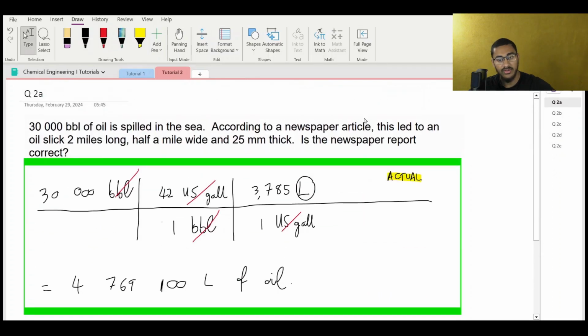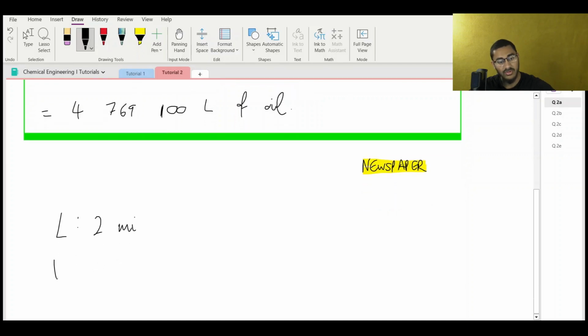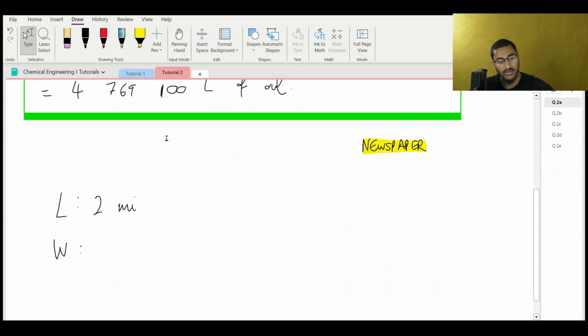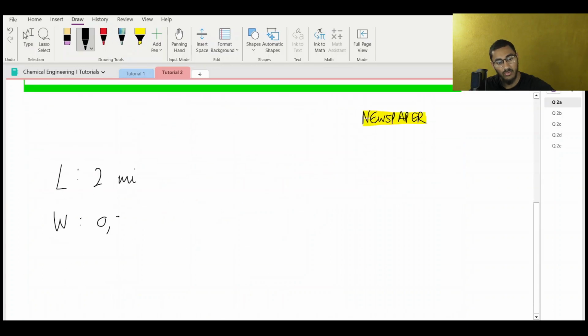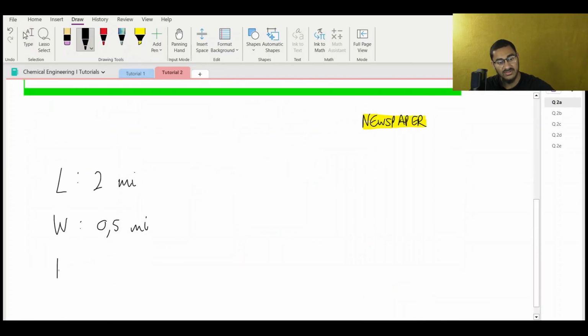So I'm going to scroll up a bit, and it says the oil slick was 2 miles long. So I'm going to write down length would be 2 miles. Okay, they told me that the width was half a mile. Okay, so that's 0.5 miles, and the thickness was 25 millimeters.